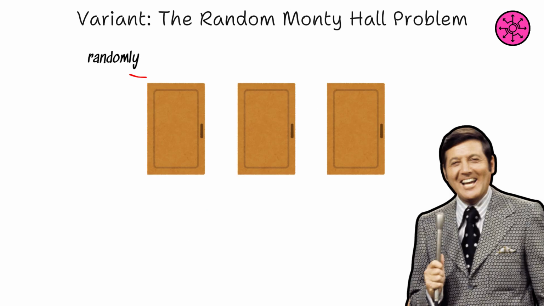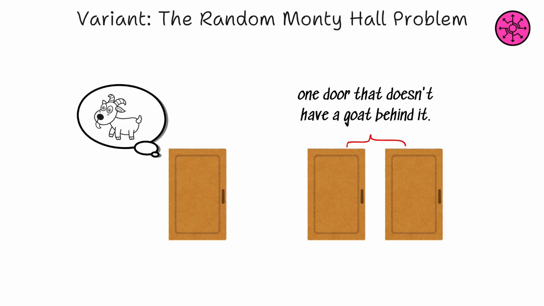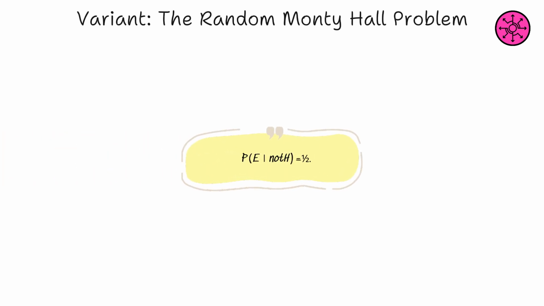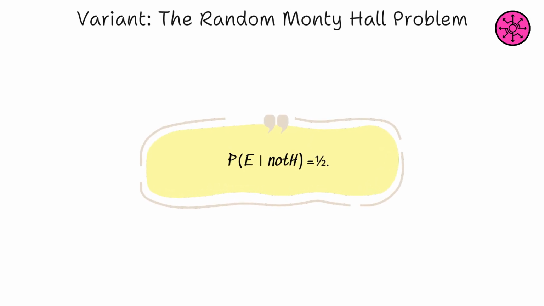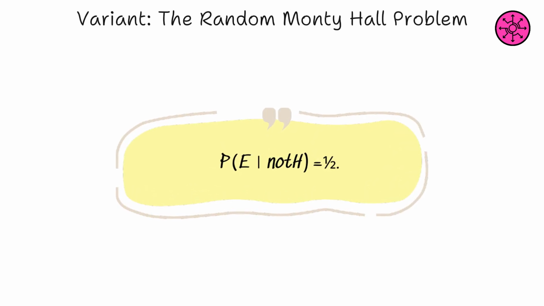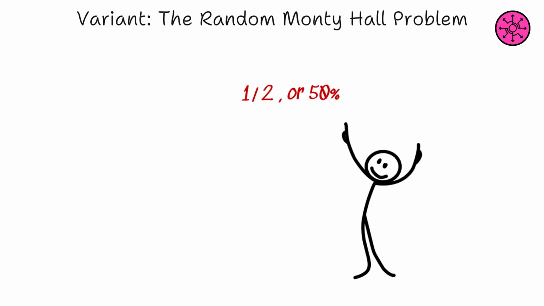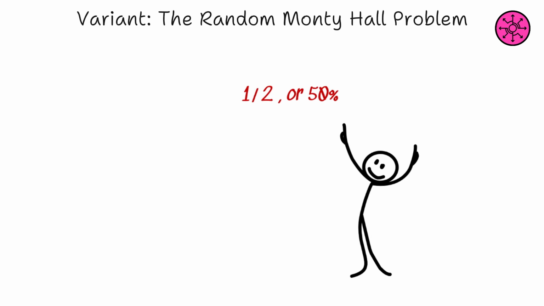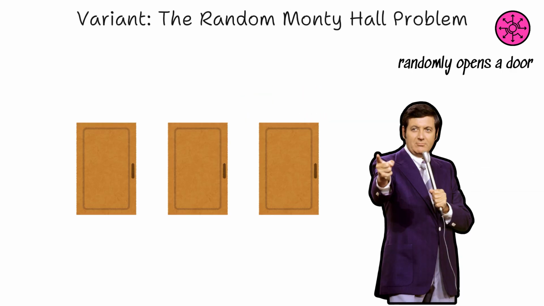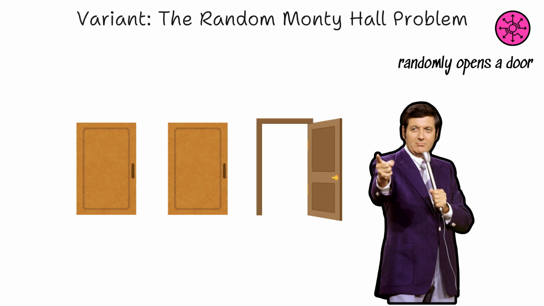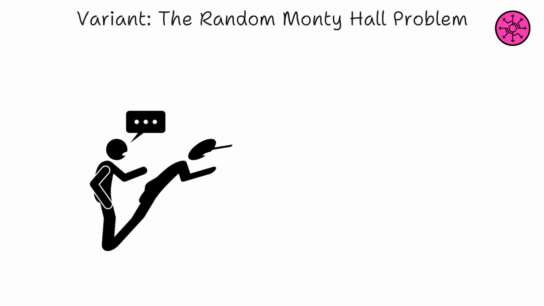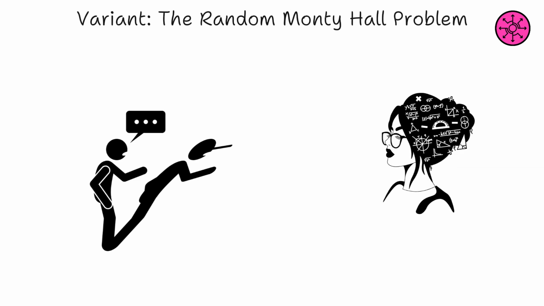In this case, Monty chooses randomly between one door that has a goat behind it and one door that doesn't have a goat behind it. Therefore, the probability that he picks a door with a goat is 1/2. Laying this out, we get there is a 1/2 or 50% chance of our first pick being correct when Monty randomly opens a door and it happens to have a goat behind it. The naive reasoning that fooled so many mathematicians works in this case.